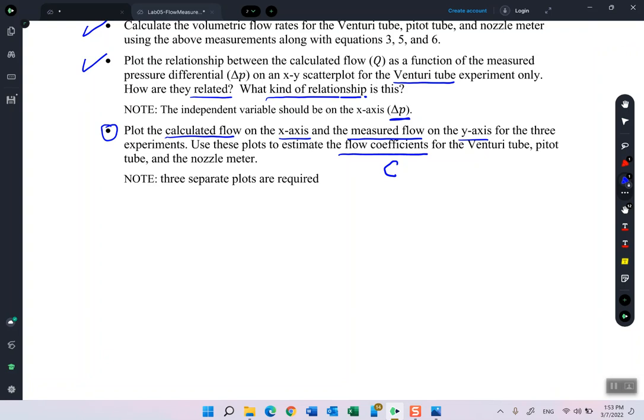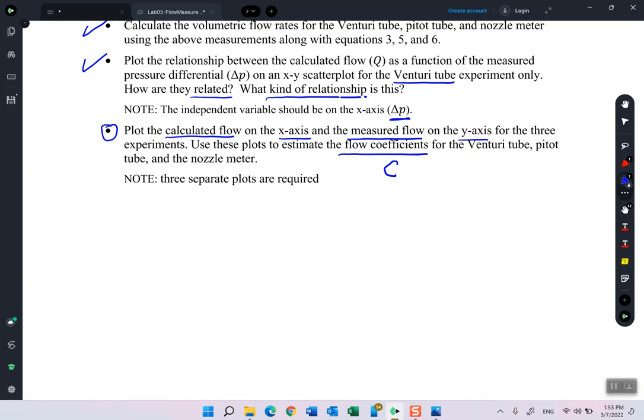So, does anyone know why I need to draw the relationship between the calculated flow and the measured flow to get the flow coefficient? Exactly.